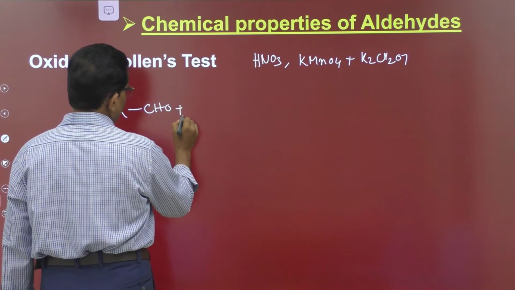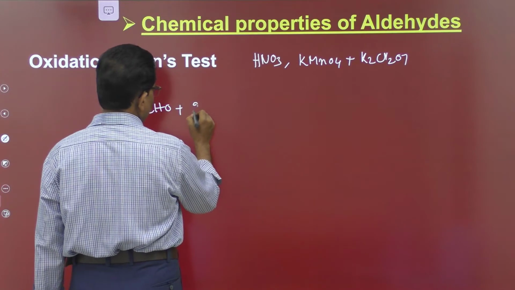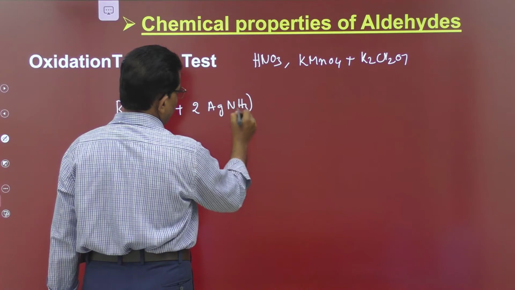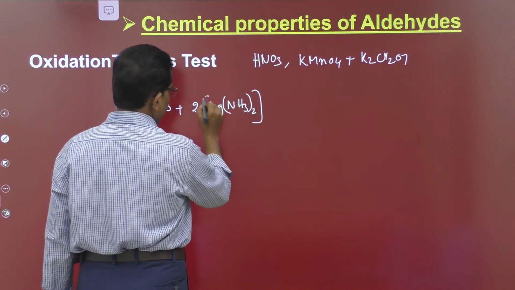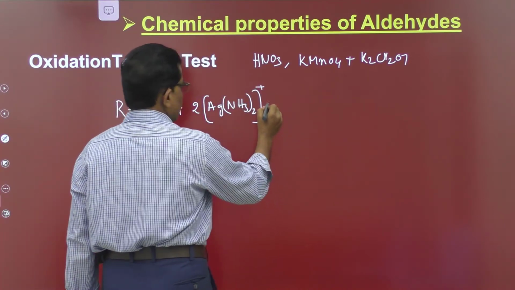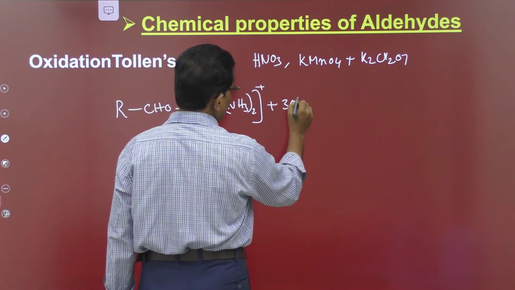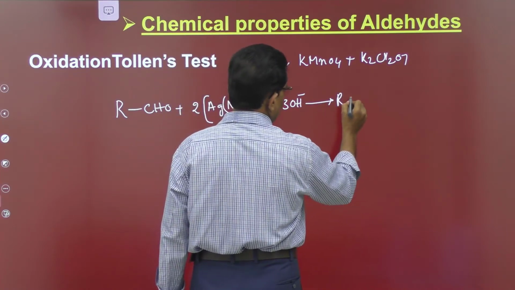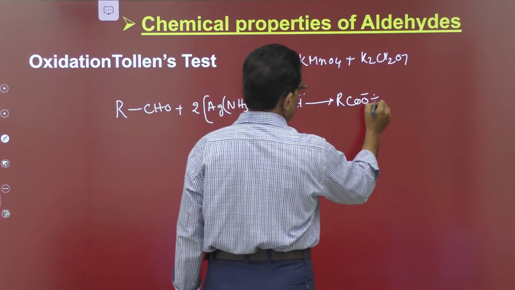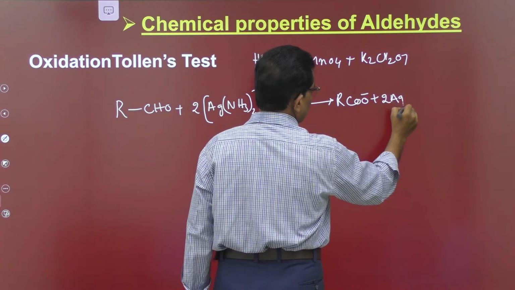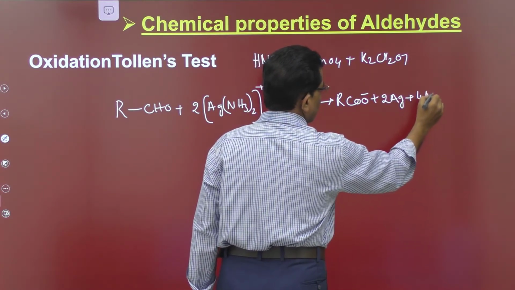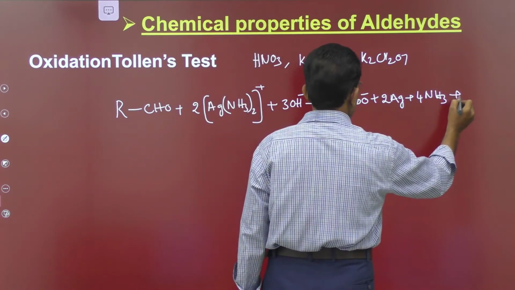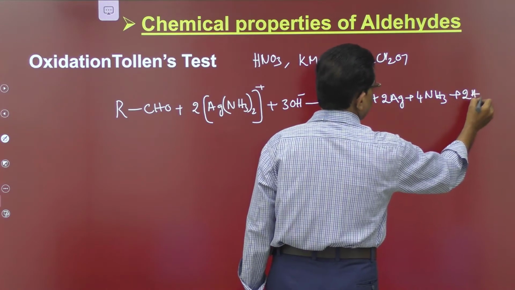RCHO plus 2 moles of Ag(NH3)2 plus 3OH minus gives rise to RCOO minus plus 2Ag plus 4NH3 plus 2H2O.